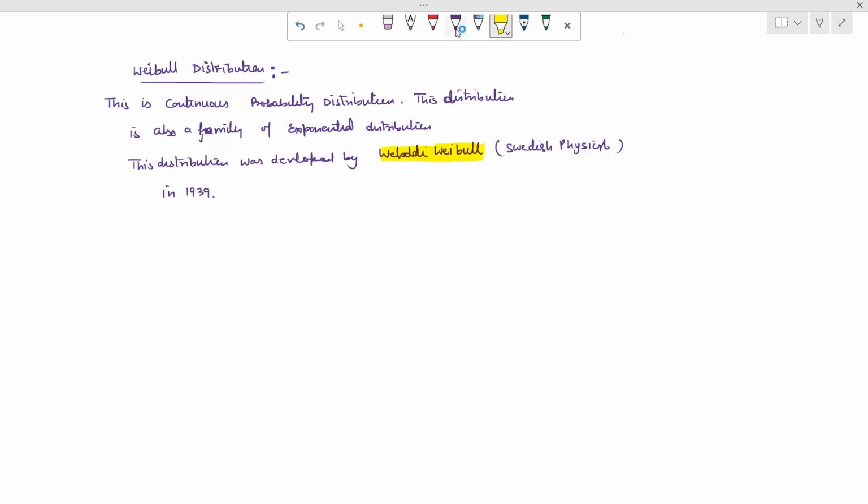Now, we write down about the applications. This distribution has wide applications. First, we write down the applications in reliability engineering. Second, we have medical research.